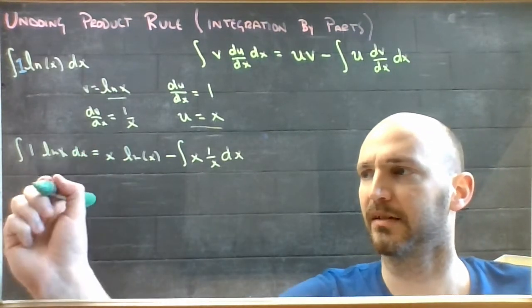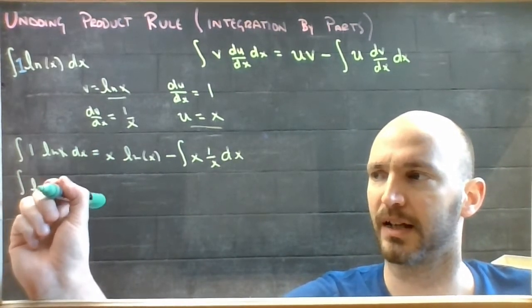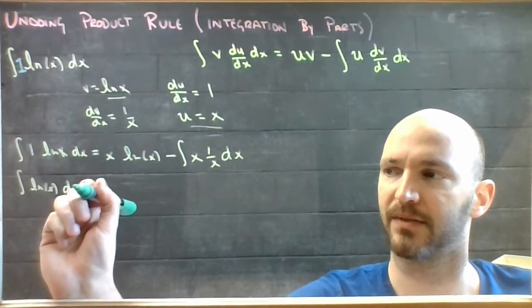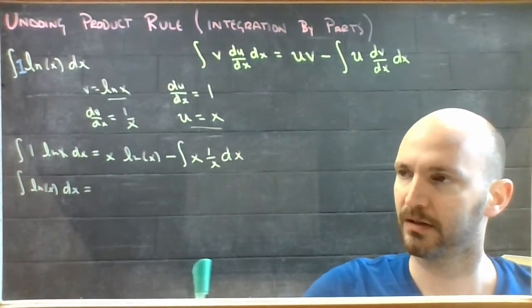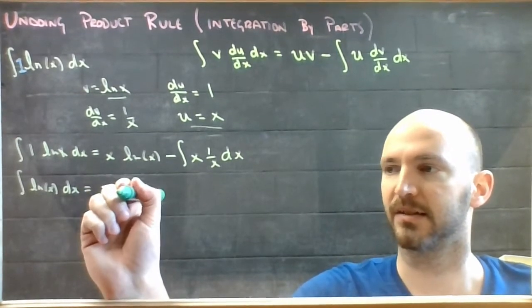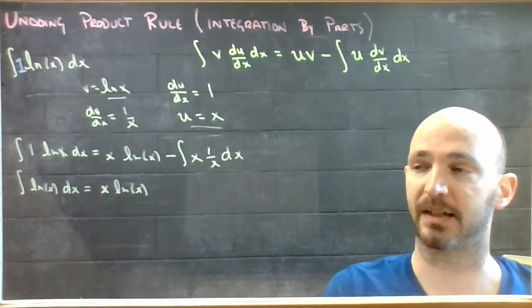So this thing, that was just integral of ln x. So I'm going to write it that way just to save us some marker strokes. x ln x, I don't have to do anything else to that.